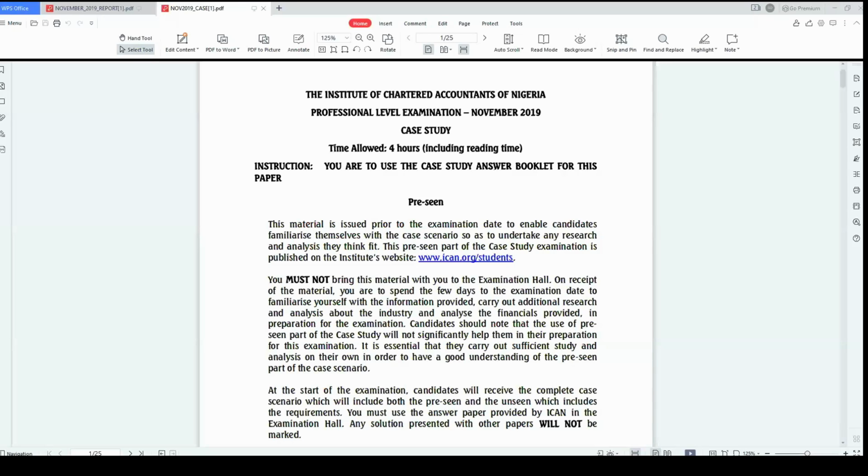is to learn one of the most important aspects in passing case study exam, which is how to read and understand cases. And over the years, one of the key issues, one of the main problems that students face is their inability to read and understand the case they are about to solve.